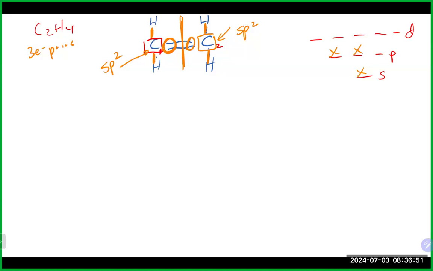So if we look at what's going to happen here, carbon, which is the central atom on both sides, is 1s2, 2s2, 2p2. We are going to get some hybridization occurring here. One electron gets promoted up there.